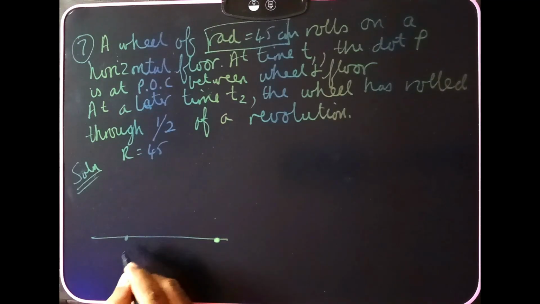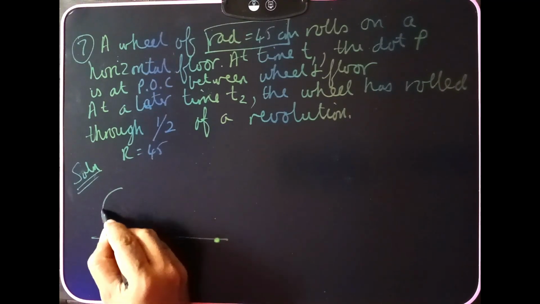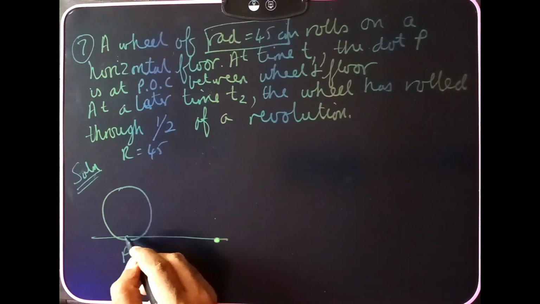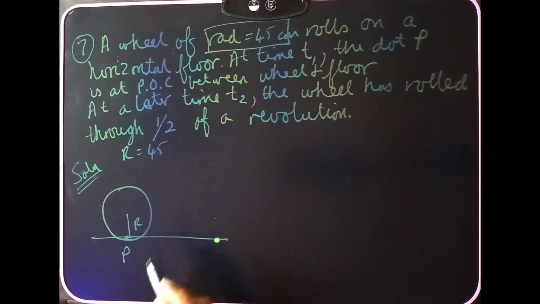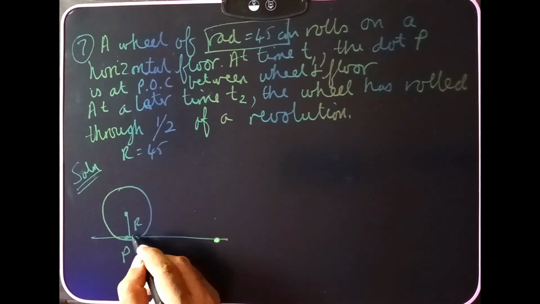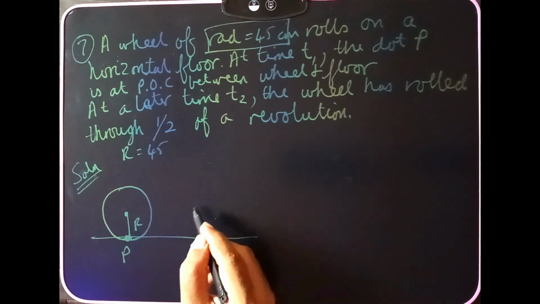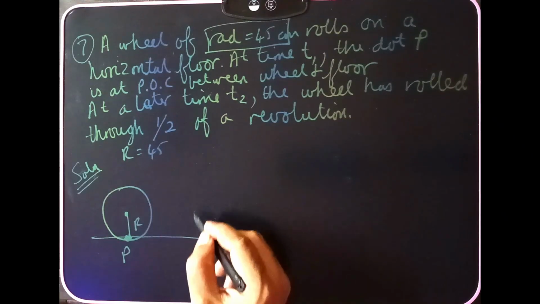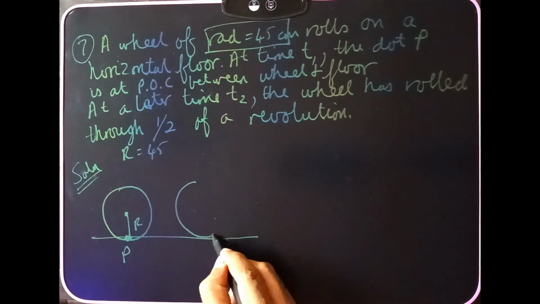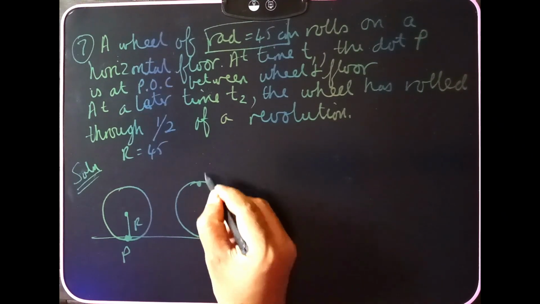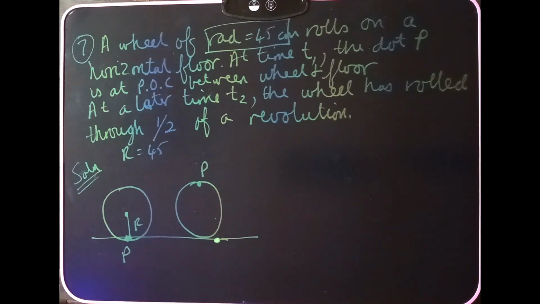So this is point P, and this is the wheel having radius R. This is the point of contact initially. Then the wheel has rotated half a revolution. Half a revolution means it has rotated to the topmost point. The point P has moved to the topmost point.